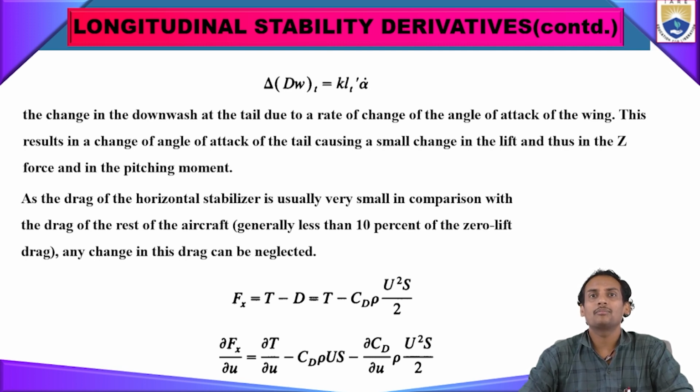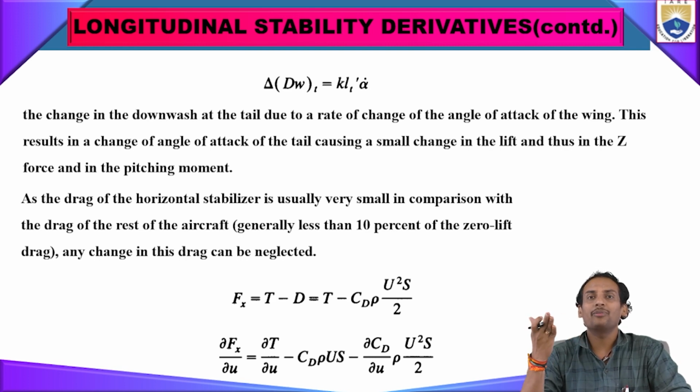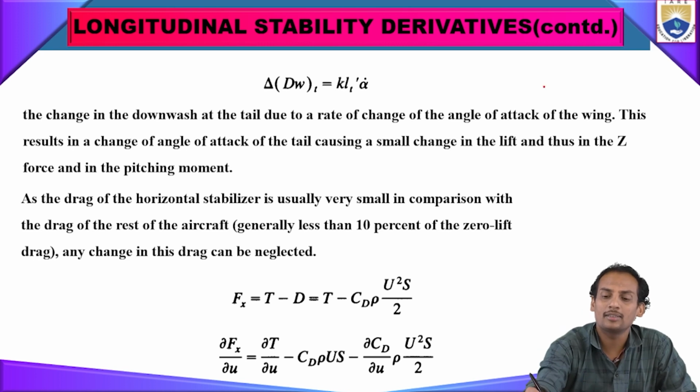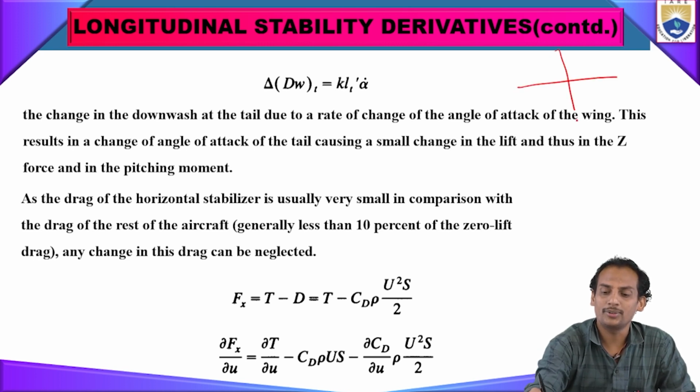So the drag forces acting on the tail will be neglected compared to the wing forces. The linear forces acting on the wing: Fx will be equal to T minus D, as we already said regarding the force directions.